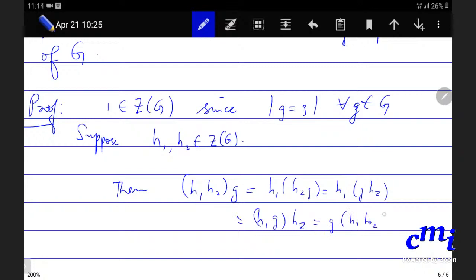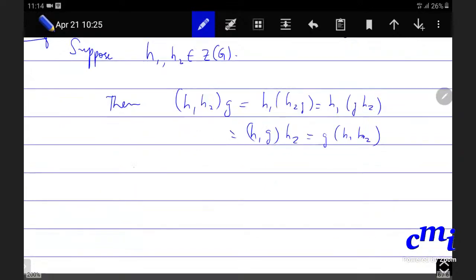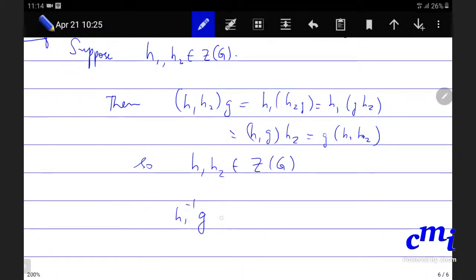So h1 h2 is inside. And now h1 inverse. Note that g h1 is h1 g.